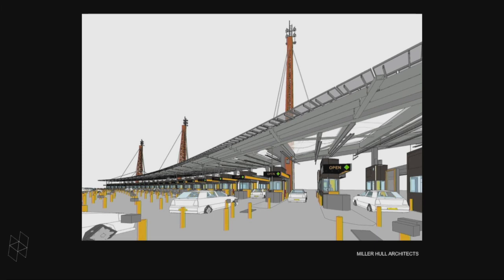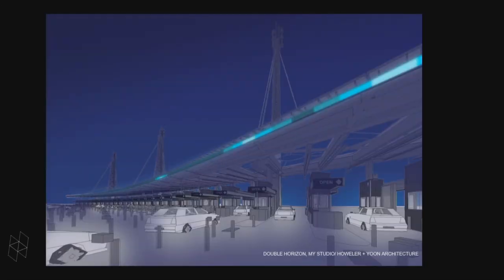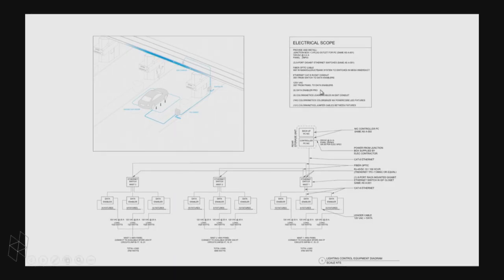We were asked to make a proposal here, so we proposed a screen that's 1 pixel high by 600 feet long, and the idea was, while you're waiting, you want to know that something's happening. So we're basically taking the information from the system to broadcast it on the facade on this screen.